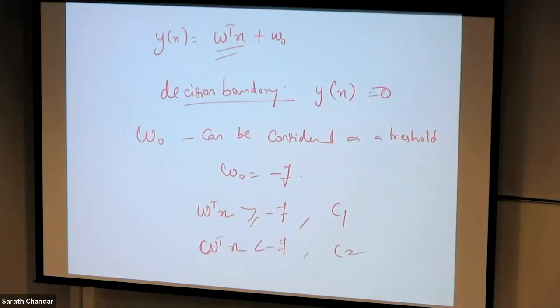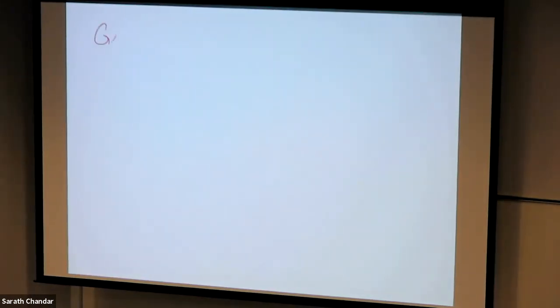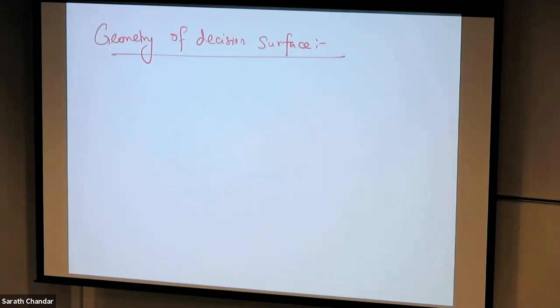To do that, let's consider there are two features, x1 and x2, which means my decision surface is going to be 1D, so 2 minus 1.